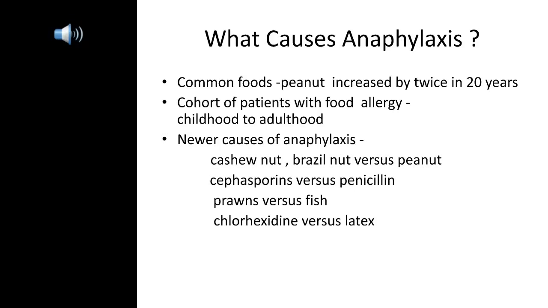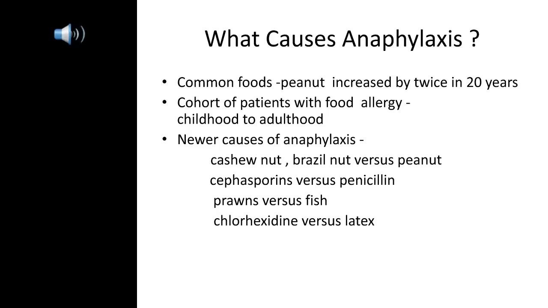In our Australian cohorts, it's double what it was 15, 20 years ago. But also we get newer aspects of different allergens coming on board, and this is dependent upon the increase of consumption. So essentially we had peanut increasing, more recently we've had cashew nut, and now we've had Brazil nut. And this is really related to overall world consumption and also the price of these nuts in terms of them being used widespreadly in foods.